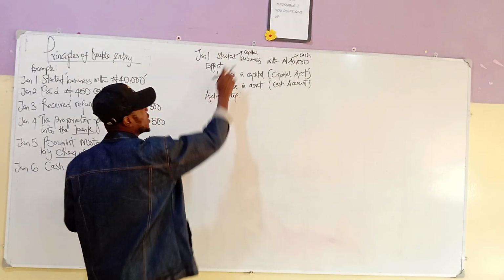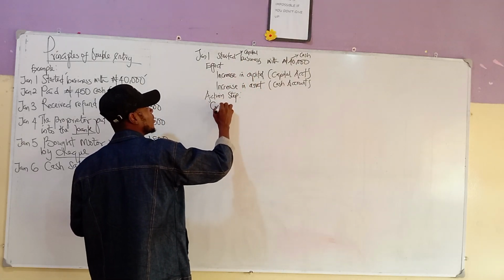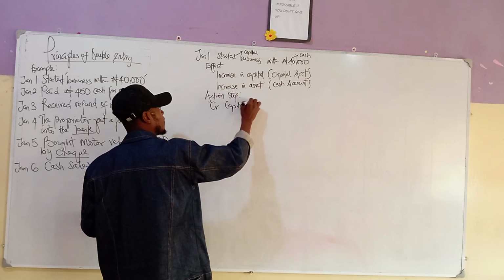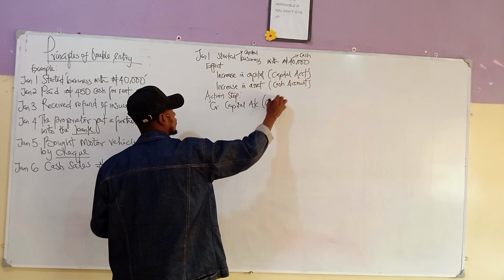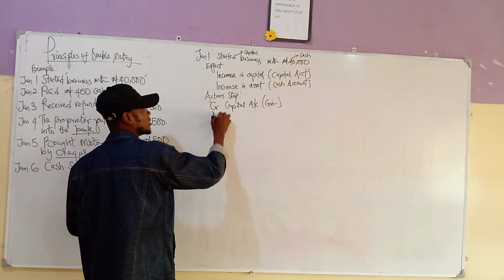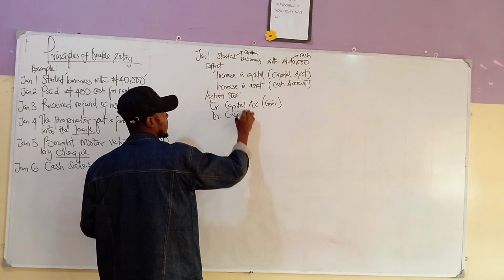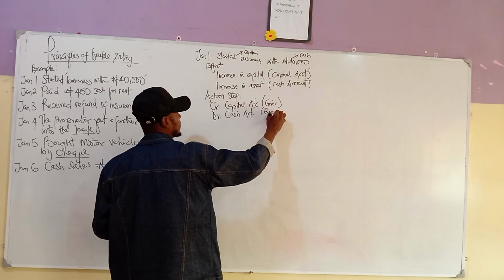So since capital is giving, we credit the capital account, which is the giver, and we debit the cash account, which is the receiver.